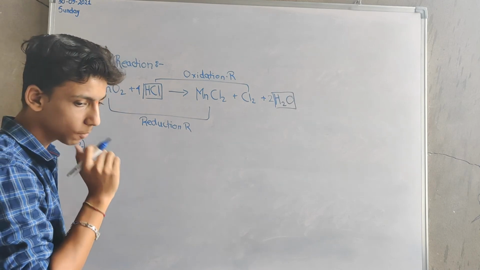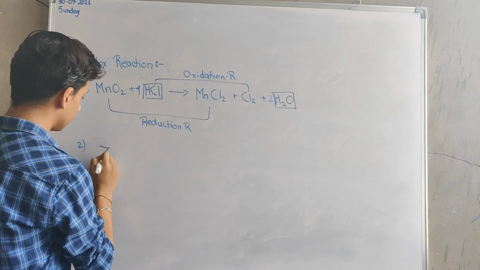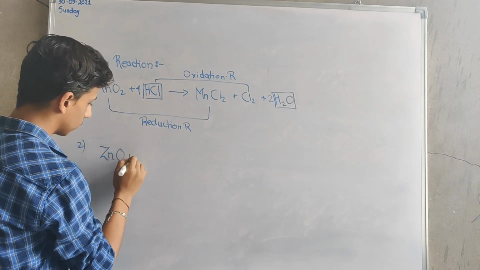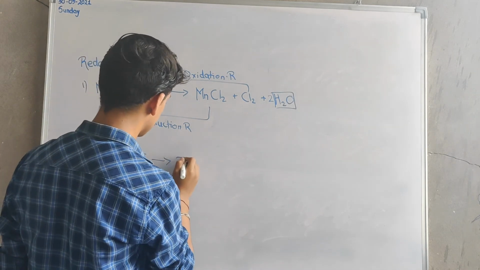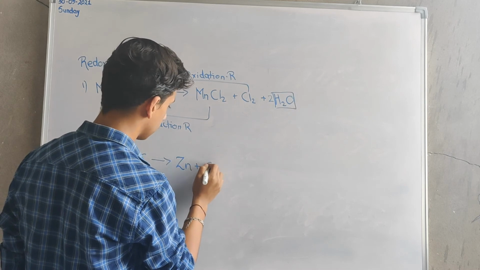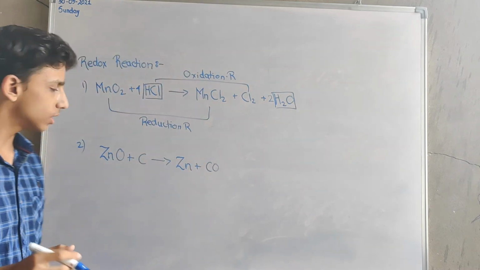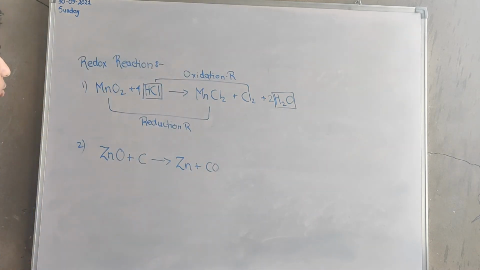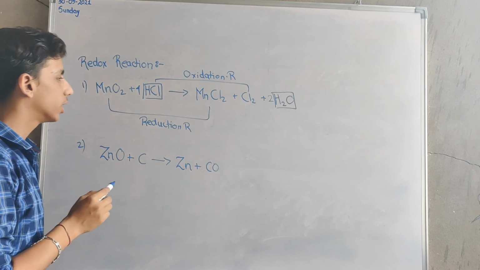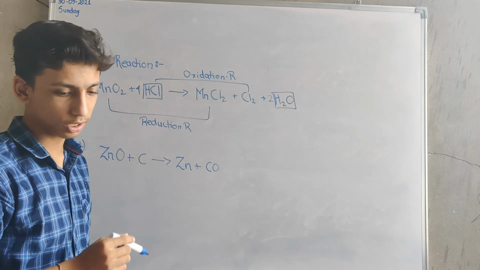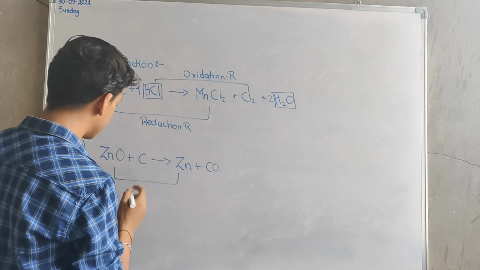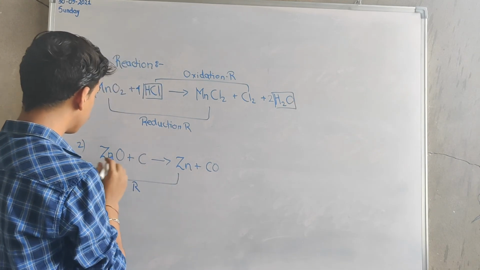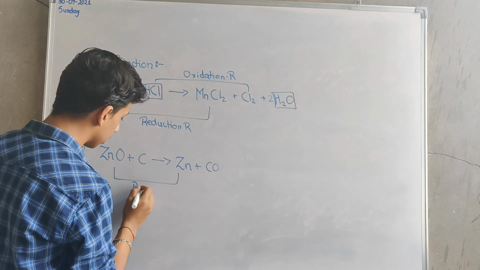So now the second example. So this is the second example. We have to find out here which is the reduction reaction and which is the oxidation reaction. This is a reduction reaction because here oxygen is removed from this zinc compound.